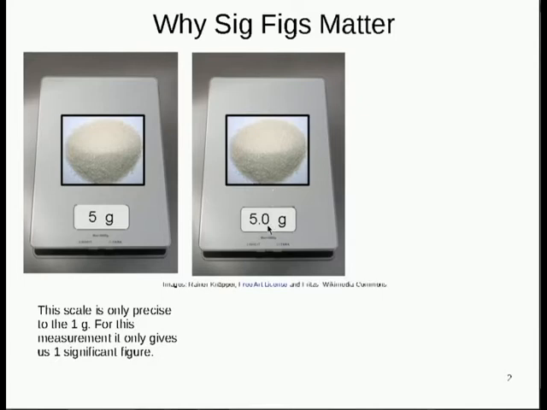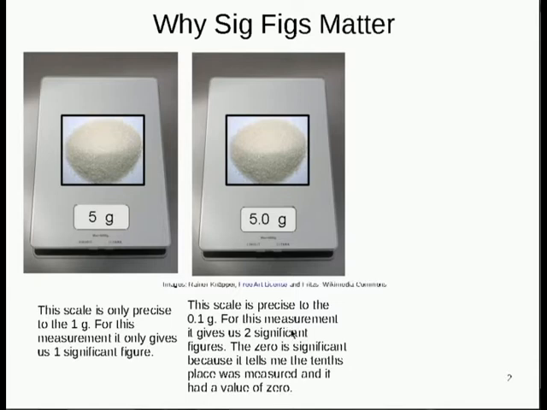So for this measurement, it gives us 2 significant figures, the 5 and the 0. The 0 is significant because it tells me that the 10th place was measured, and it just happened to have a value of 0. This could be 5.1 or 5.2, but in this case, I've measured it and it actually is exactly 5.0.